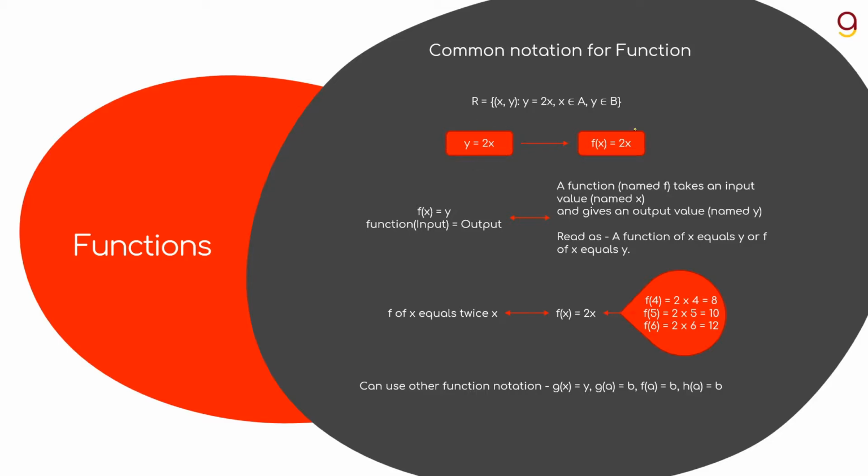Well, this is the most common way to represent a function. This notation simply means that a function f takes an input value x and gives an output value y. So it is read as f of x equals y.